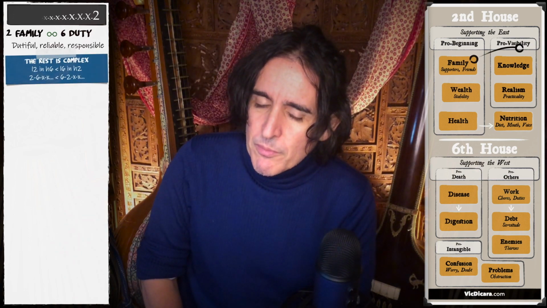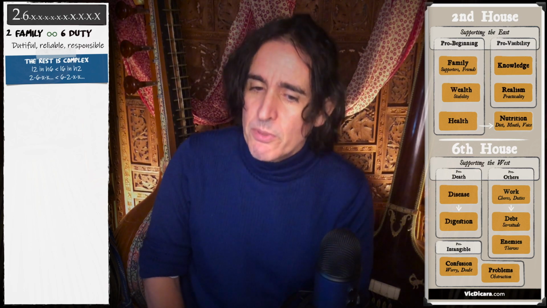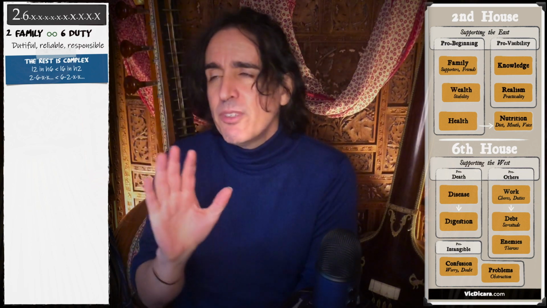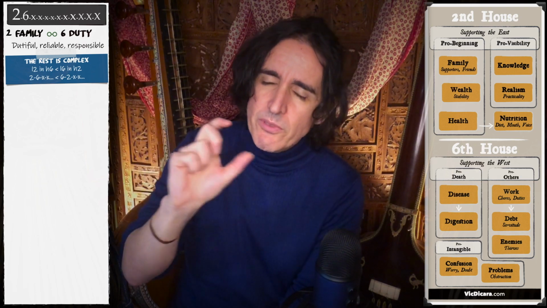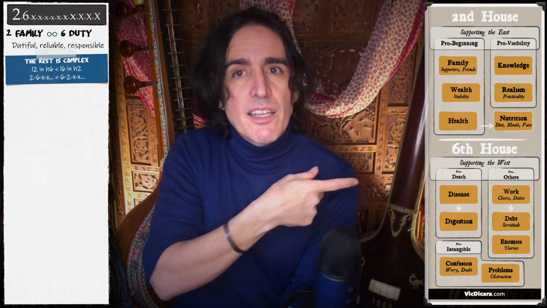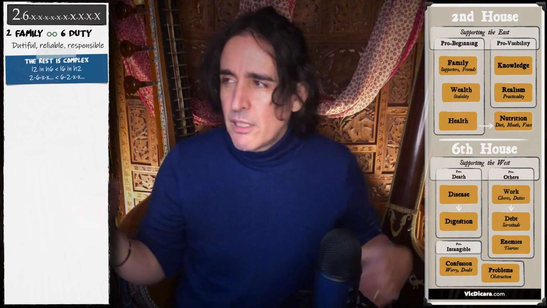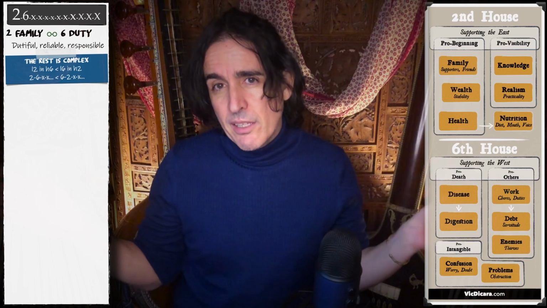Now that part is pretty simple, but the rest of interpreting the sixth and the second houses together is pretty complex. The reason is that the way symbolism works, the two sides of a coin are always on the same coin. So for example, the sixth house represents debt, and the second house represents wealth. So pretty much those are opposite things.